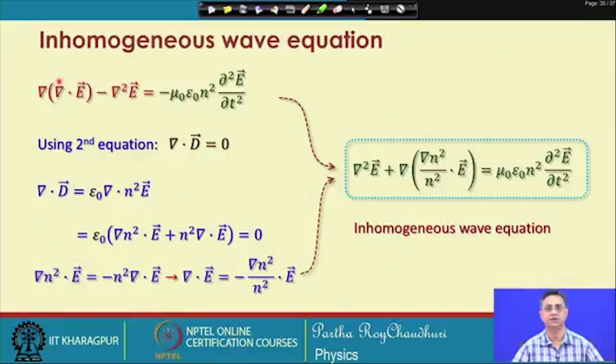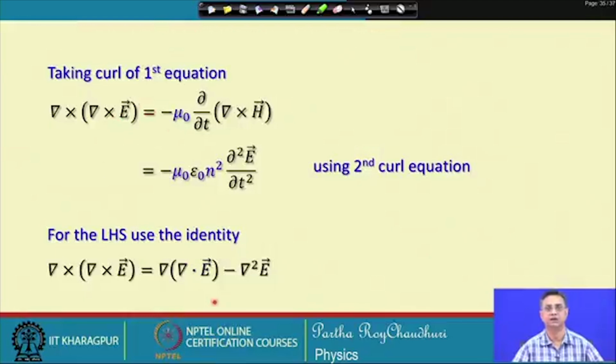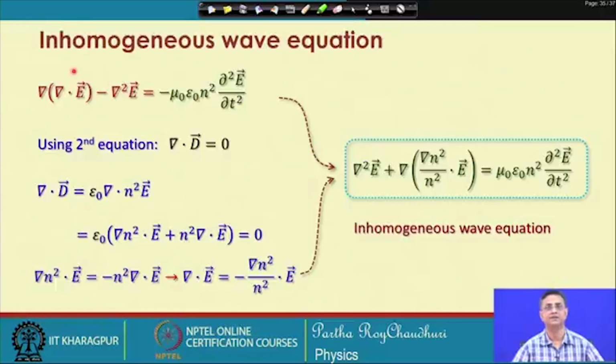So, from this equation, the right hand side is this and the left hand side is this. So, I write this equal to this, and then del dot E, to see what it represents, del dot D equal to 0.